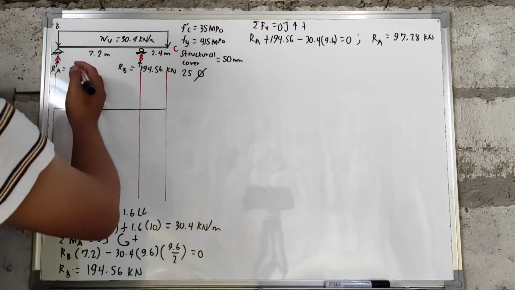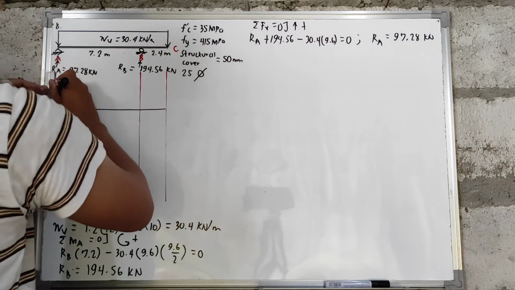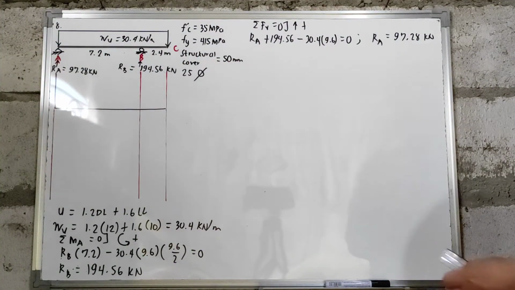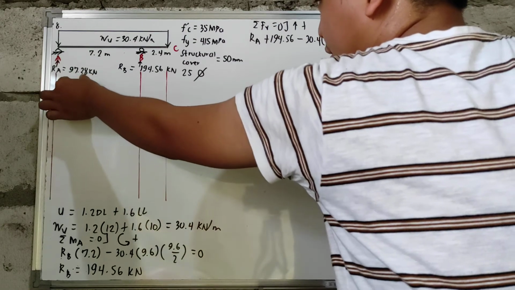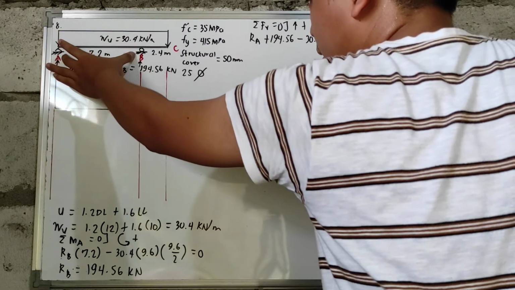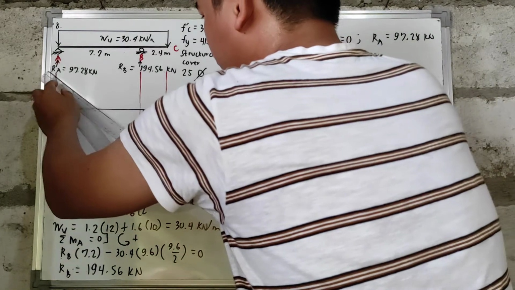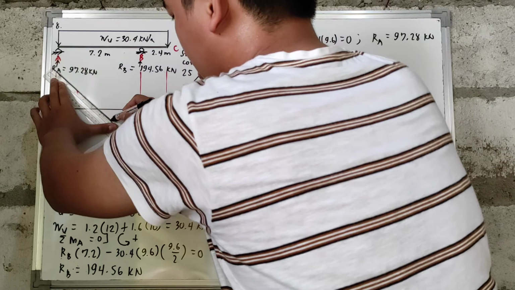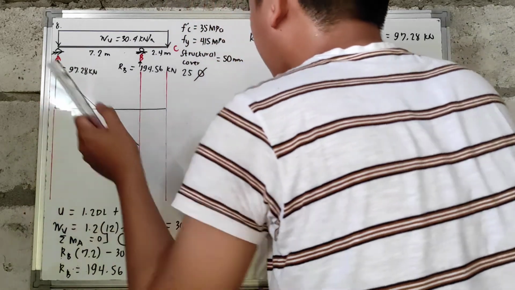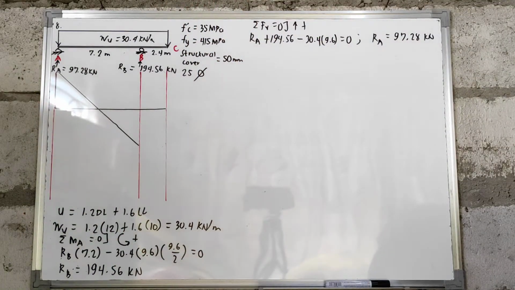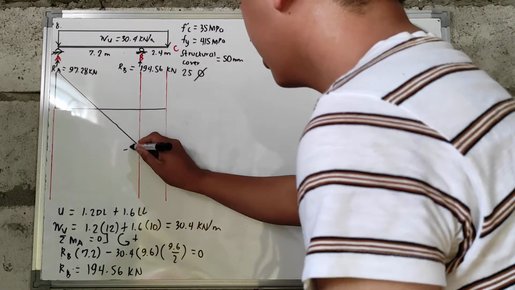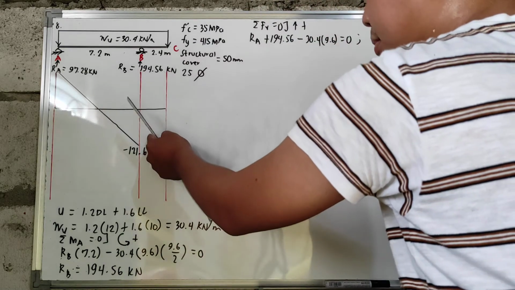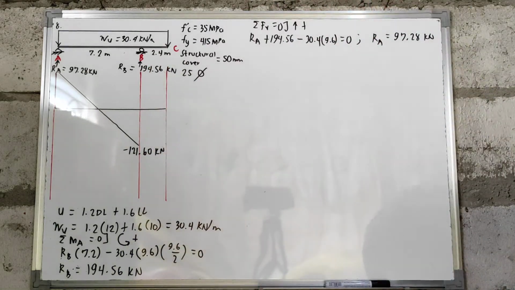So tataas daw tayo ng 97.28 kilonewton dito. And then, since meron tayong value, 97.28 minus yung 30.4 multiplied by 7.2, meron tayong value dyan which is equal to negative 121.60 kilonewton. And then, at point B, tataas tayo ng 194.56.